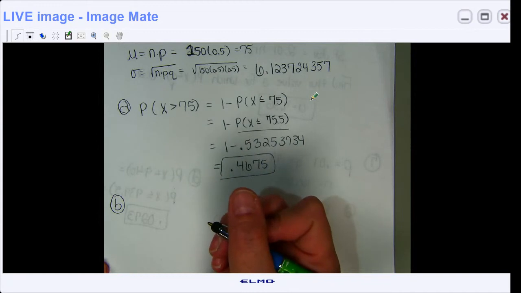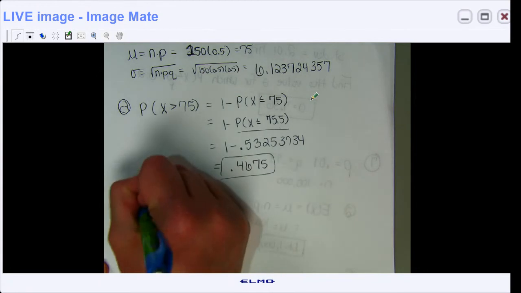because it's asking for the probability that more than 85 will wait more than 30 minutes.